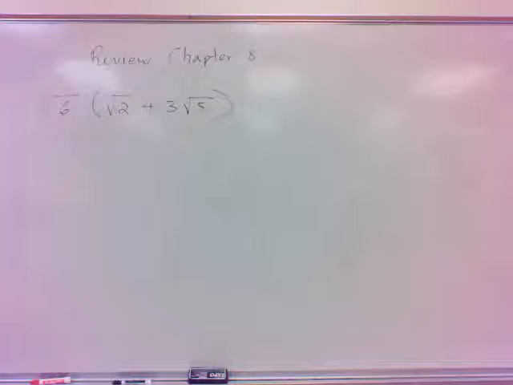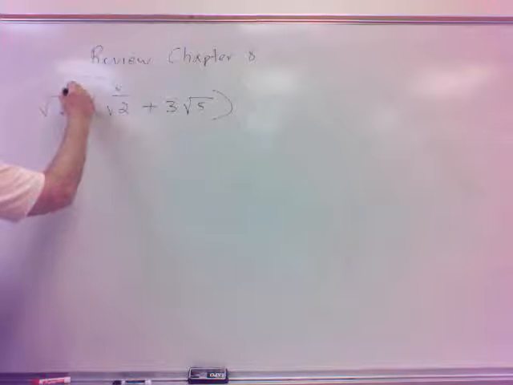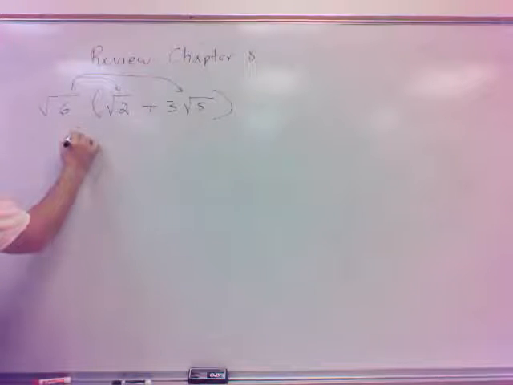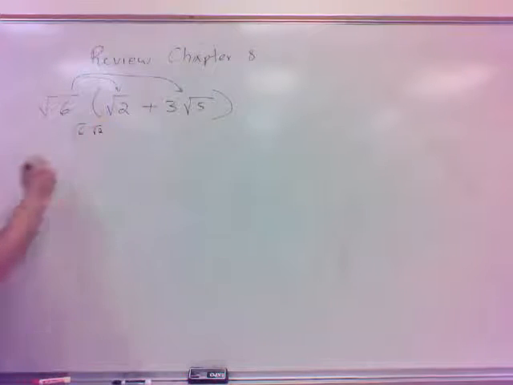You have a number in front, in parentheses, and beside the parentheses there, that's distributing. Yeah, I need to distribute the square root of 6. So multiply the square root of 6 times the square root of 2. That gives you square root of 12, of course.